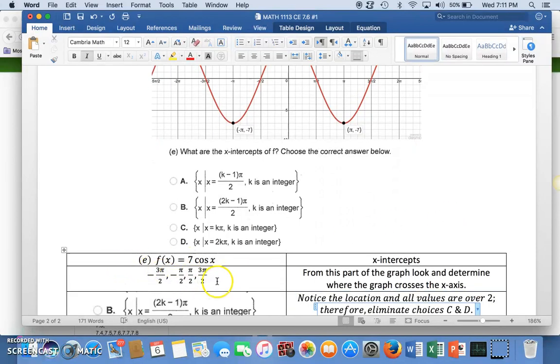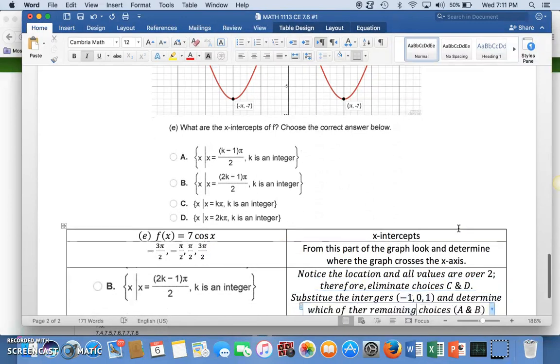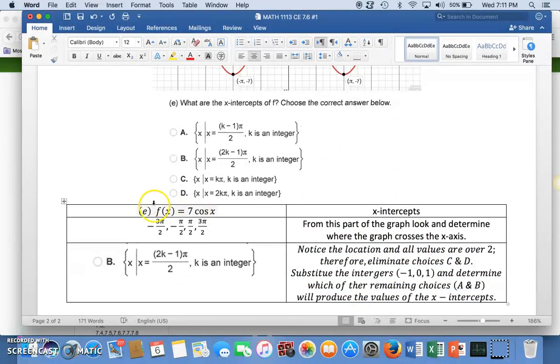So those were our zeros, and when we chose to use this formula right here, you plug in -1, 0, 1. They will give you some of these answers.